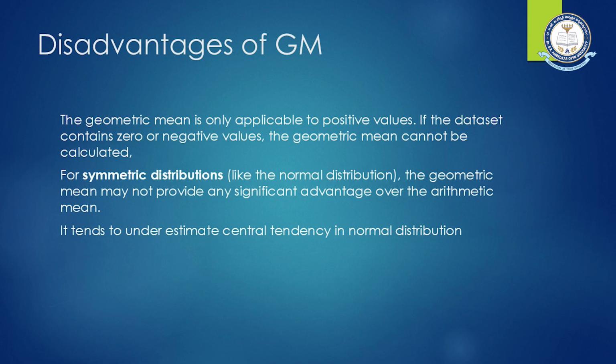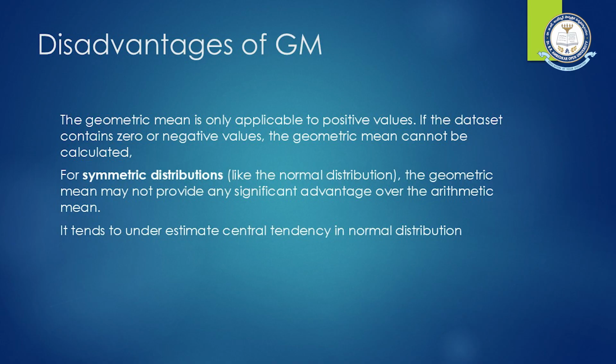It is less affected by extreme values or outliers as compared to the arithmetic mean. It is very useful when dealing with rates of growth. When the data are skewed, GM provides a better measure of central tendency as compared to arithmetic mean.